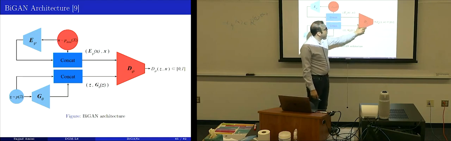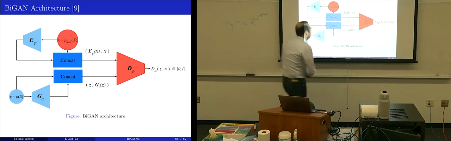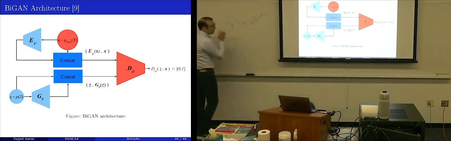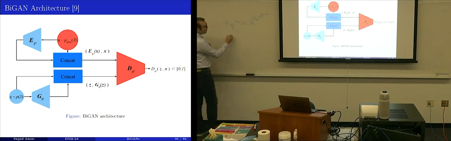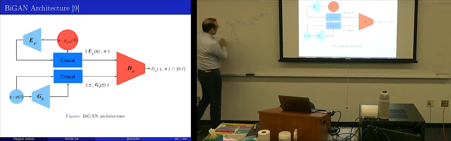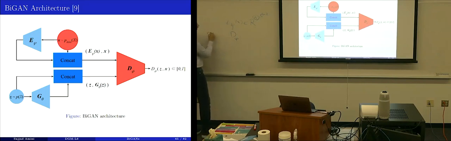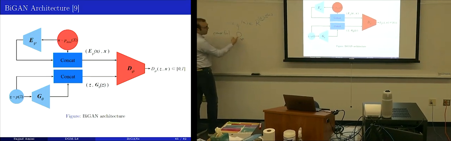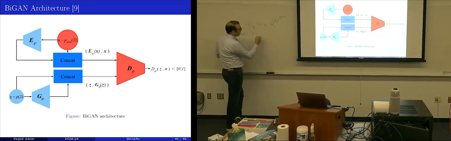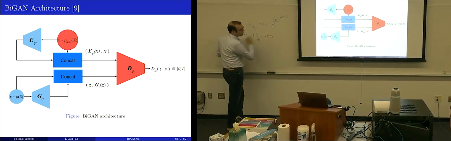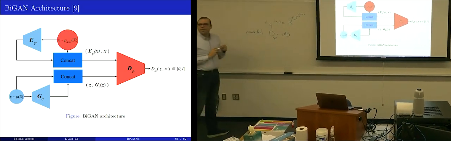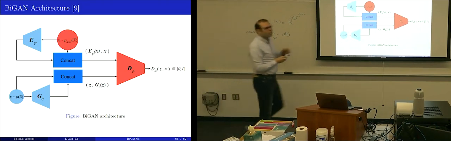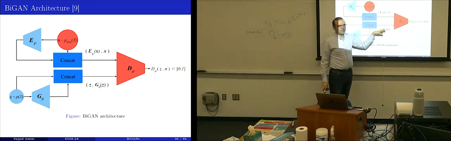It means that, as in the case of GAN, when you reach a point that a powerful D outputs 0.5 for any vector, it means that these two distributions are matched.